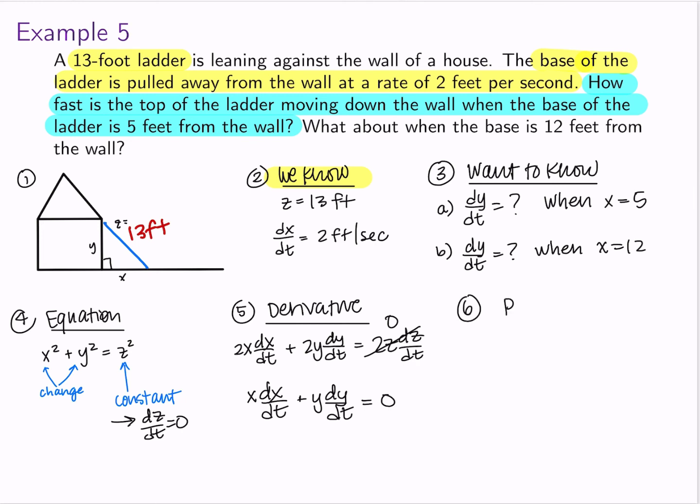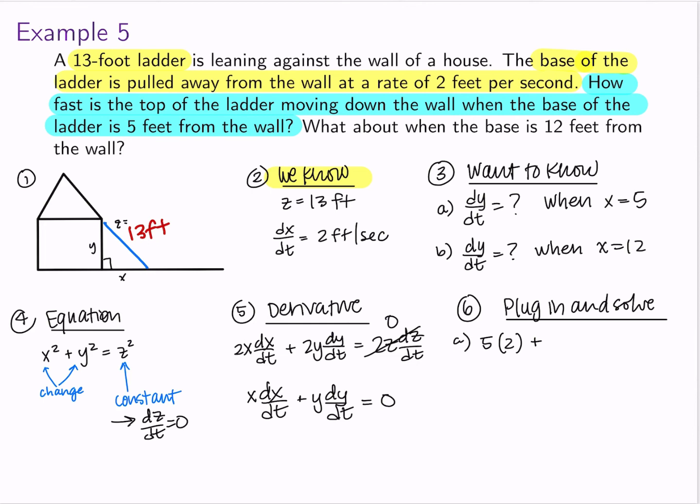And here, to step 6, I can plug in and solve. Okay. So what is x? Let's look at part A first. x is 5 at the moment I care about. dx/dt is 2, plus, what is y? Oh, I don't know y. How could I figure it out?